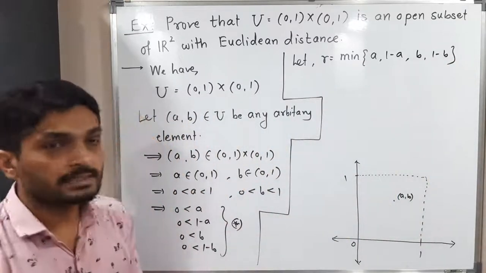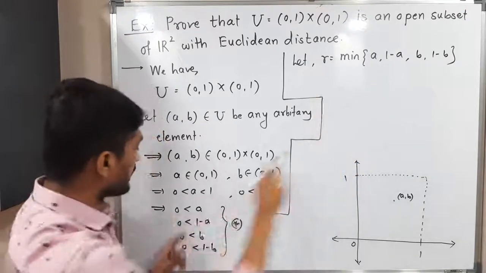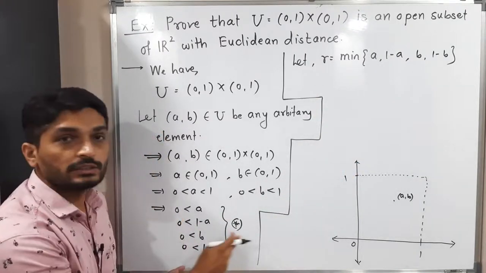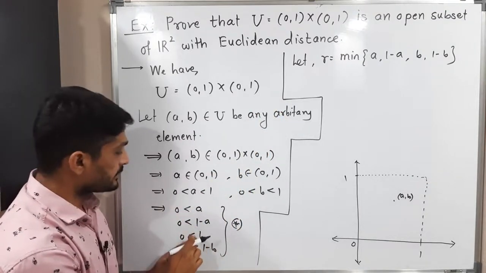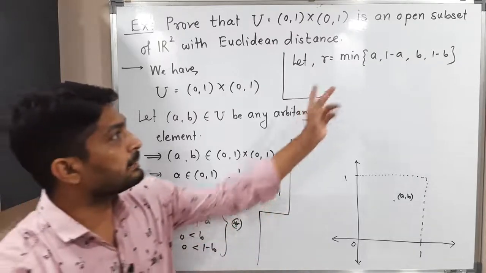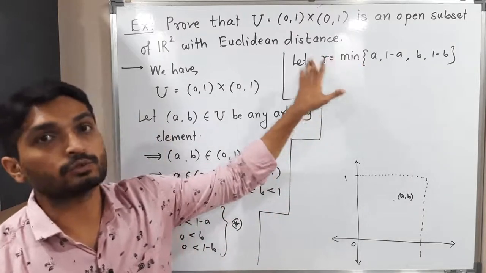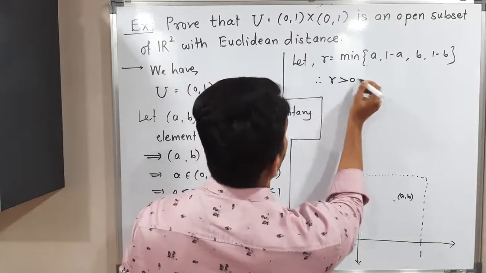And see, all of them are greater than 0. We have already proved in star that a is greater than 0, 1 minus a is greater than 0, b is greater than 0, 1 minus b is also greater than 0. And the minimum of these values is nothing but r. So therefore our r is also greater than 0.